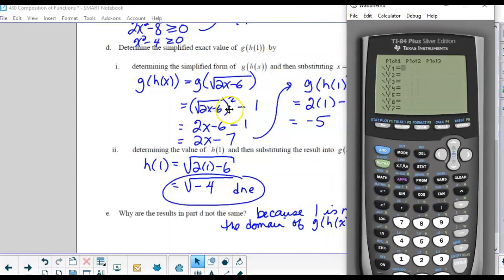If we enter just this part here before we simplify anything. So open bracket, square root 2x minus 6 out of the square root, close the bracket, square it, and then minus 1. And let's do this just on a standard screen.